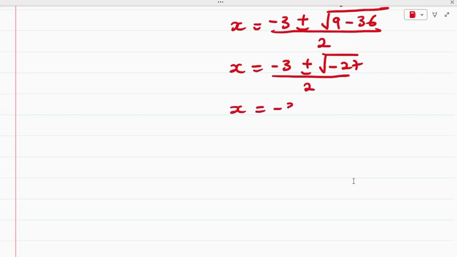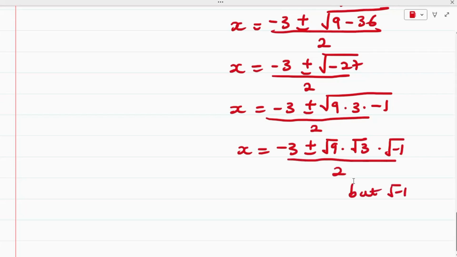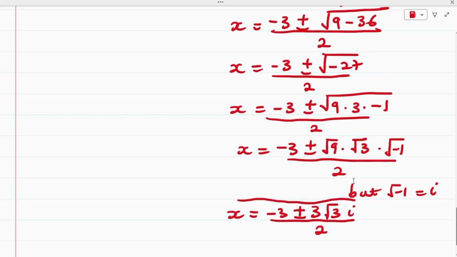Now the root of minus 27 can be expressed as the root of 9 multiplied by 3 multiplied by negative 1, so x is equal to minus 3 plus or minus the root of 9 multiplied by the root of 3 multiplied by the root of minus 1, over 2. But the root of minus 1 is equal to i, so we have x is equal to minus 3 plus or minus the root of 9, which is 3, multiplied by the root of 3, and the root of negative 1 is i, over 2, and this becomes the fifth and sixth value of x right here.